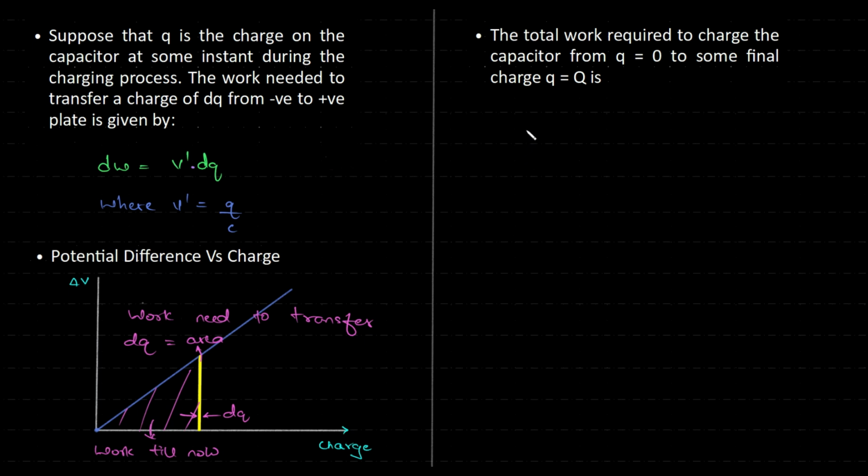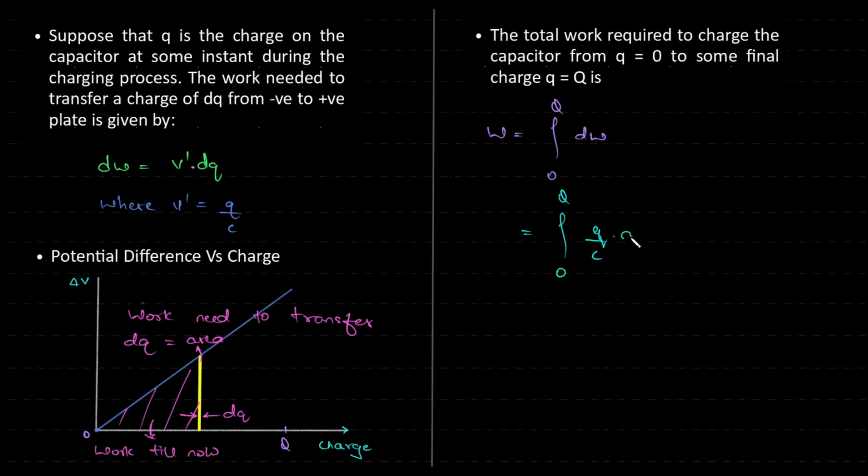So basically, in total, if you are moving a charge from 0 till Q, the total work will be the sum of all the work that is being done in transfer of charge from 0 to capital Q. And from here we have, from 0 to Q, dW will be Q by C into dQ.